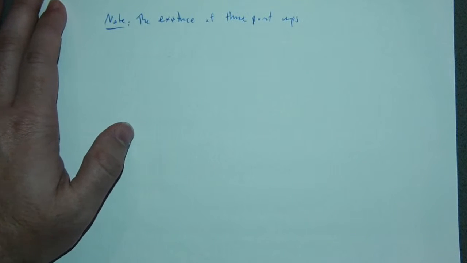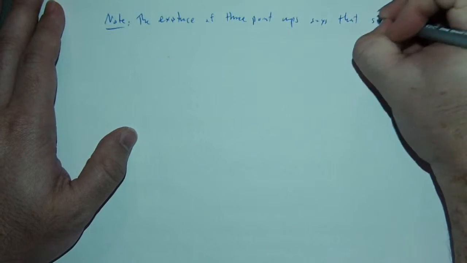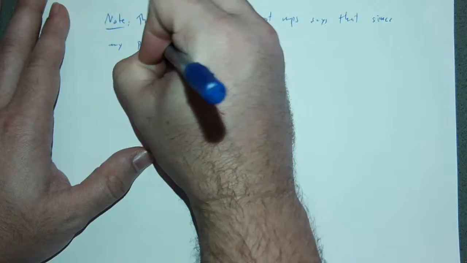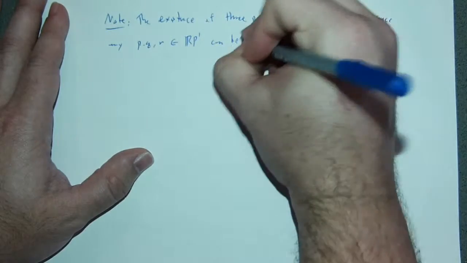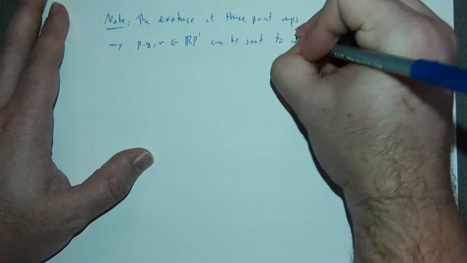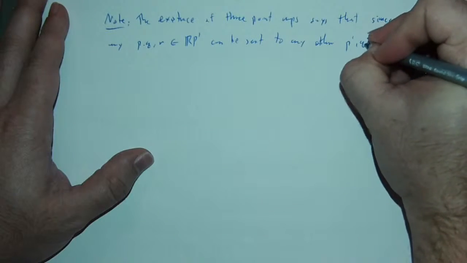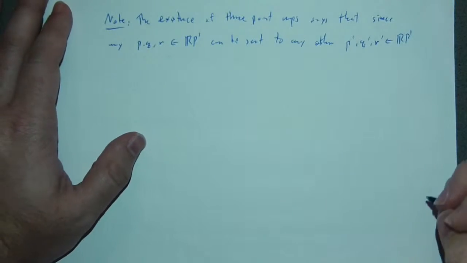It says that since any PQR in RP1 can be sent to any other 3 points, say P prime, Q prime, R prime in RP1 by linear fractional transformation.